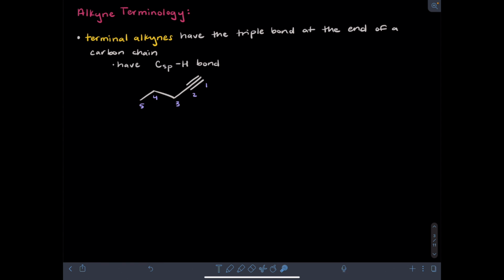This particular alkyne has 5 carbons. This position of the alkyne is 1 carbon, and this point, where the triple bond meets the single bond, is a second carbon. If you drew out the Lewis structure for this alkyne, this carbon on the end has a hydrogen attached to it, whereas the other carbon of the alkyne does not have any hydrogens.